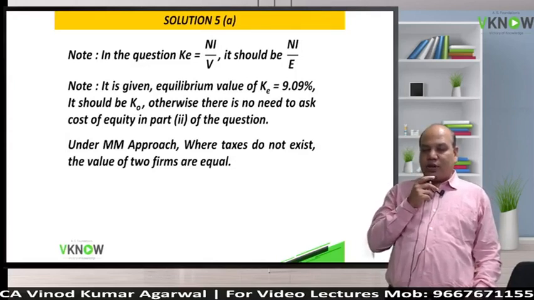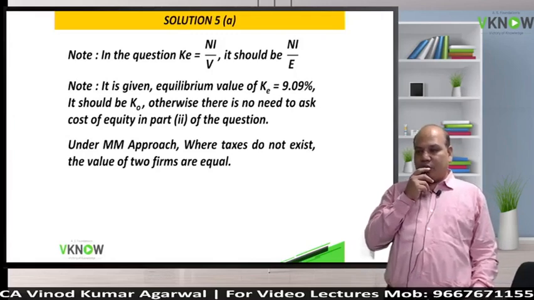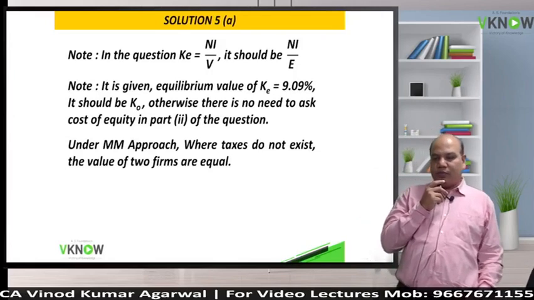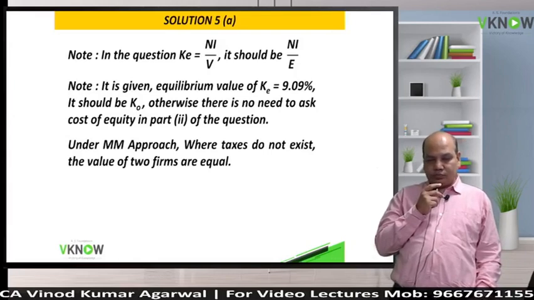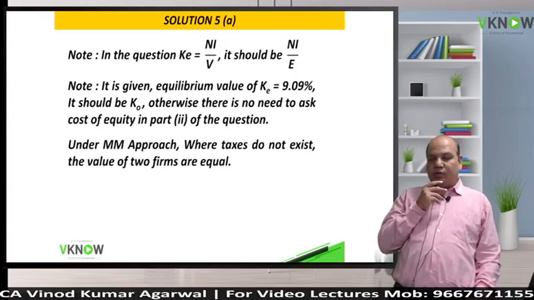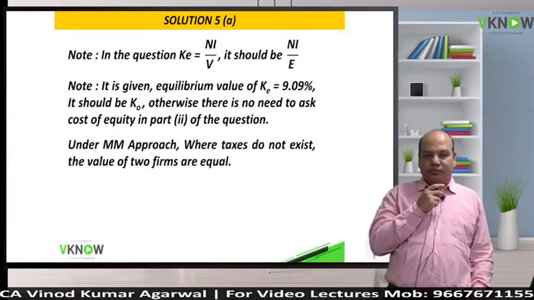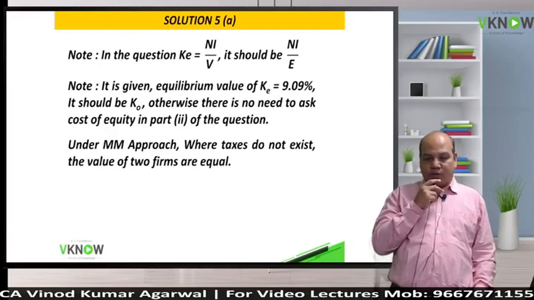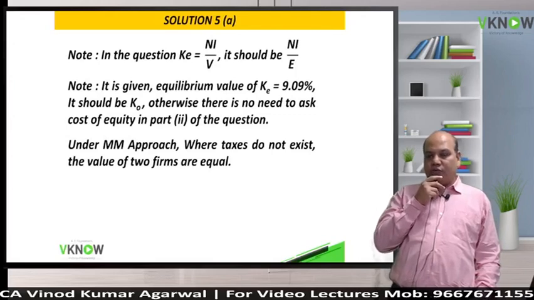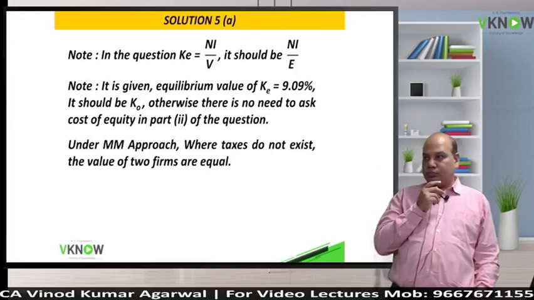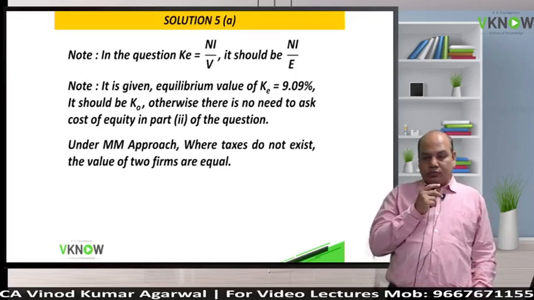So in the given question, K is equal to NI by V, it should be NI by E. It should be NI by E. Do you agree? Second note, write down. It is given that equilibrium value of K is equal to 9.09%. It should be KO.